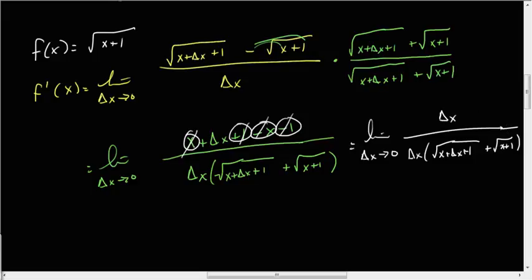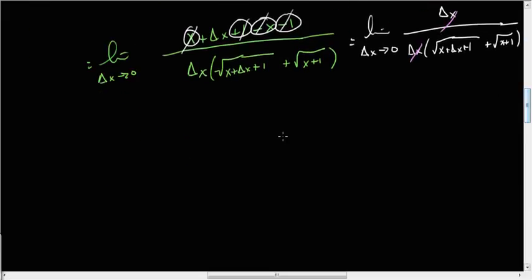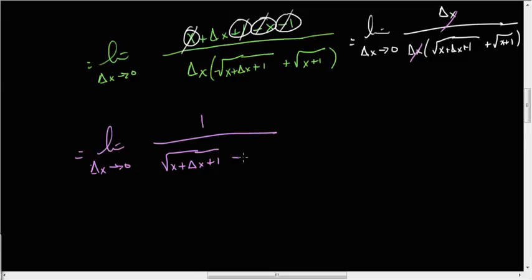And we cancel the delta x on top and bottom, so that what we get is that's equal to the limit as delta x tends to 0 of 1 over root x plus delta x plus 1 plus root x plus 1.